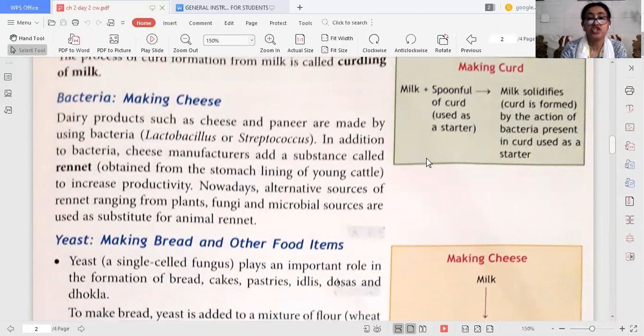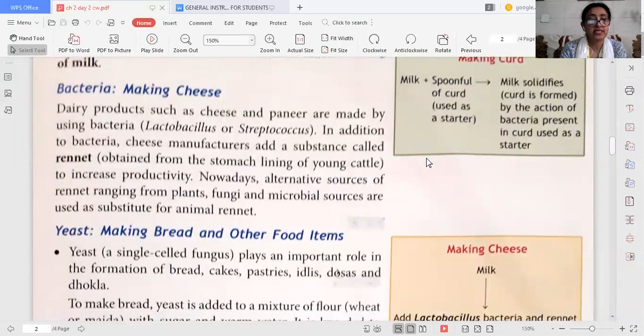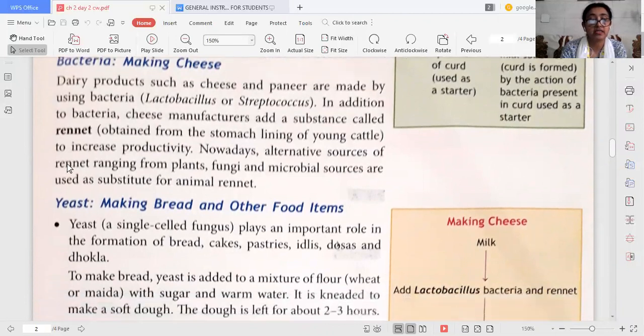Dairy products like cheese and paneer are all made using bacteria, such as lactobacillus or streptococcus. In addition to bacteria, cheese manufacturers add a substance known as rennet, which is obtained from the stomach lining of young cattle, to increase productivity.